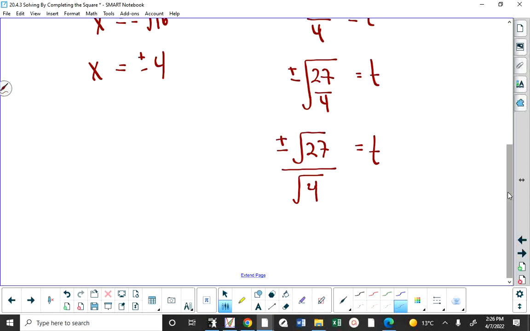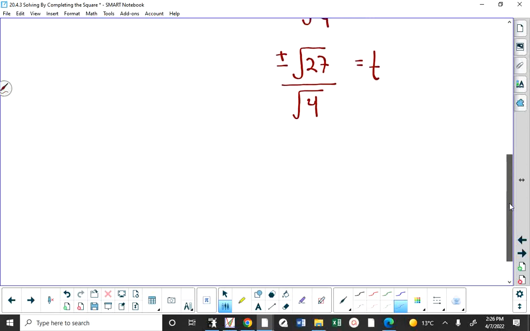So that's the first step, is to understand that that square root can be distributed. And we're not really doing anything on the calculator here. We don't want decimal values. The next thing that we can recognize is that the square root of 4 is 2. Now, we've done this next little bit of business that I'm going to ask you about before. Can you tell me what the square root of 27 is equal to?